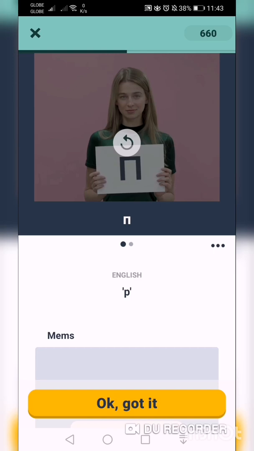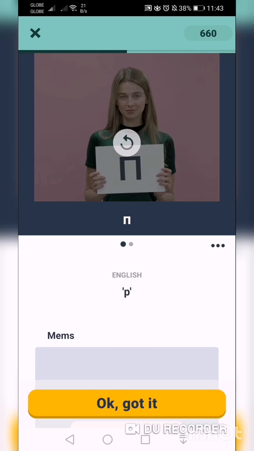Or it could be a modern boxy letter N, almost, or a small lowercase letter N. Either way, try to find your own way of memorizing these characters.